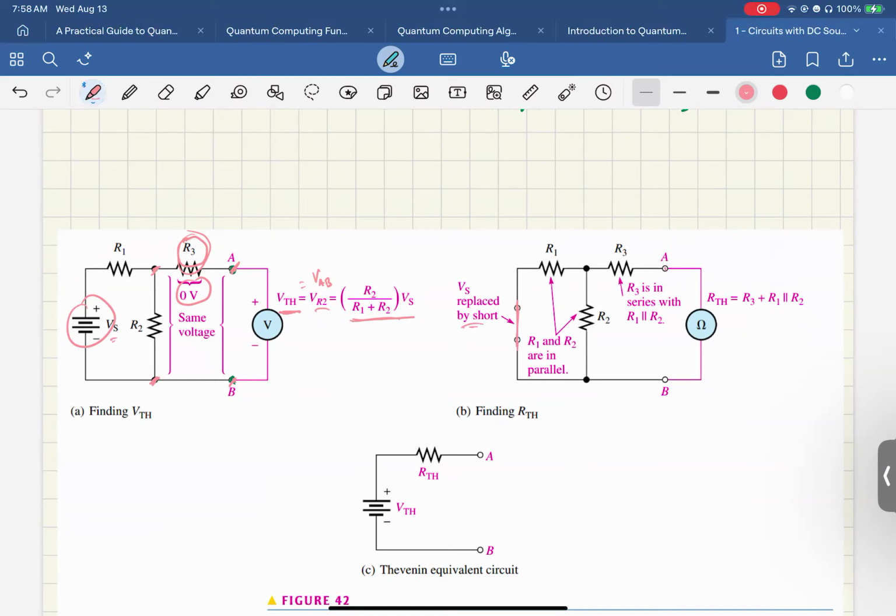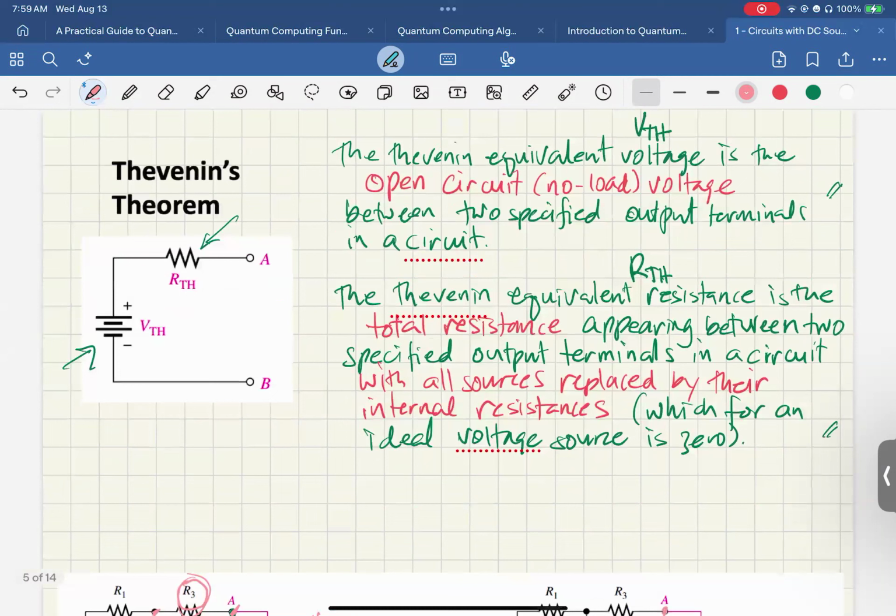Then we look at the equivalent resistance at this terminal. Remember that to solve for the Thevenin voltage, you need specified output terminals.